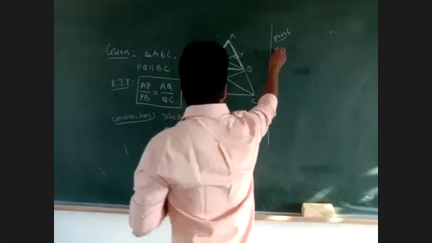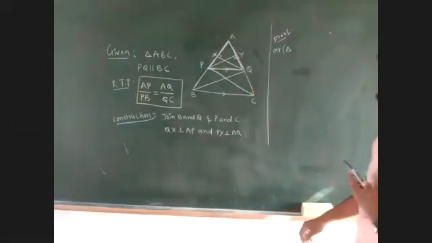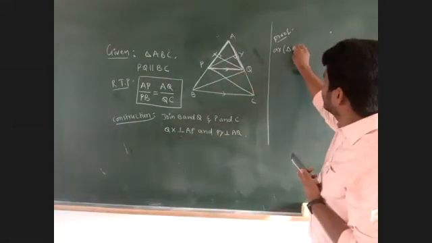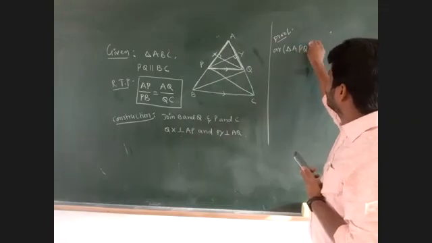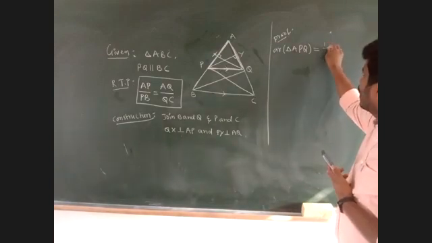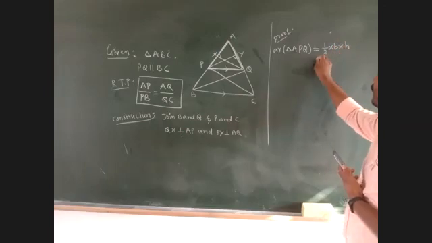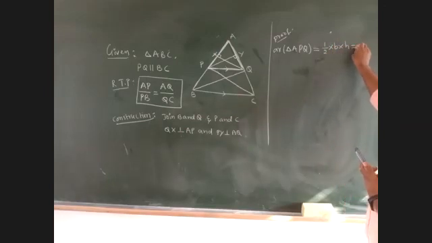Then tell me the area of triangle APQ. Area of triangle APQ equals half into base into height. Base equals what here?